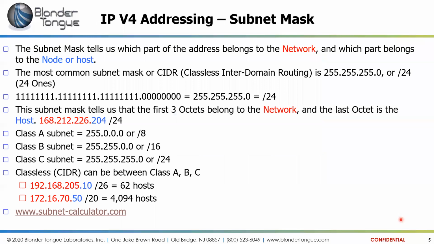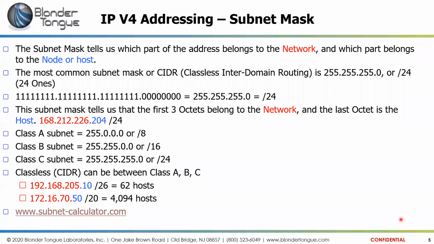Now the subnet mask, I've mentioned already, the /24, /16, what have you. The subnet mask tells us which part of the address belongs to the network and which part belongs to the node or the host. The most common subnet mask, or CIDR, classless interdomain routing, is 255.255.255.0 or a /24.